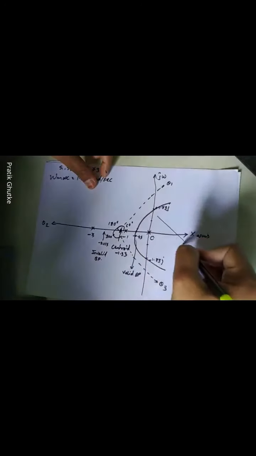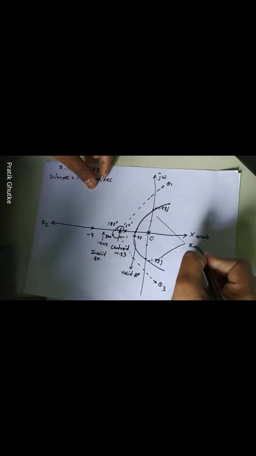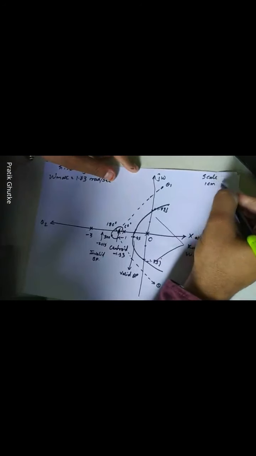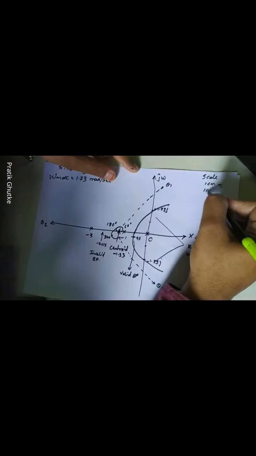So mark here values, that is k marginal value, it is 12, and omega marginal value, it is 1.73 j. Scale you have to write here: scale 1 centimeter equals how many units on the x axis and 1 centimeter equals how many units on the y axis. Scale you have to mention here. So this is the complete root locus.